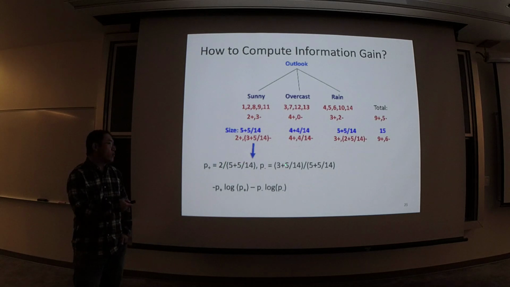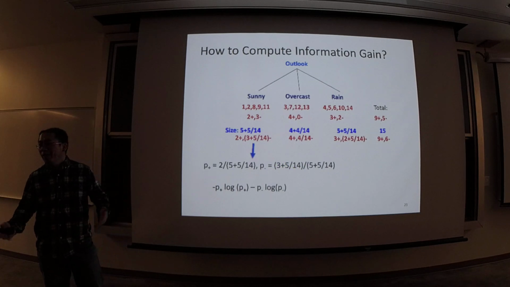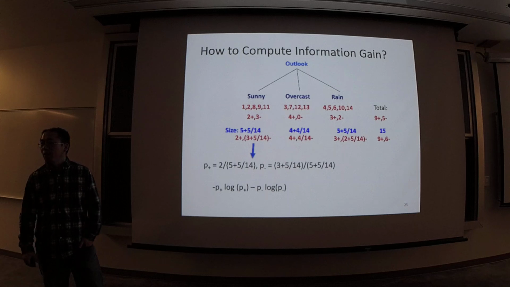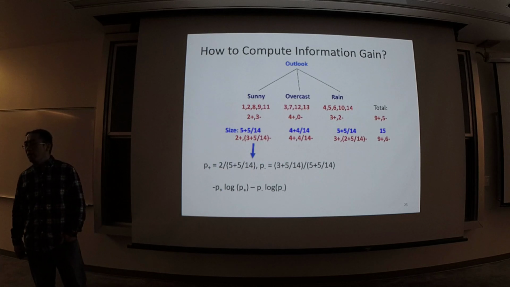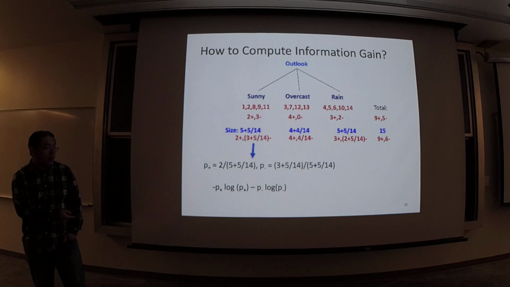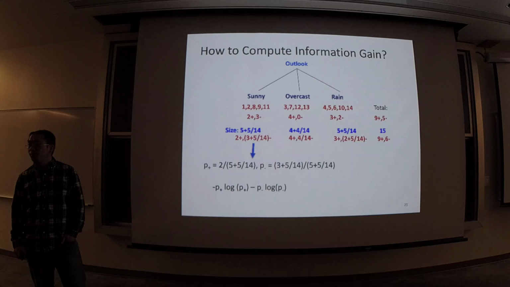And P negative is 3 plus 5/14 over the entire real-valued count of the examples, right? So I have a P positive and P negative. If you want to use information gain, you can calculate the entropy following the formula, right? And what is the majority error?